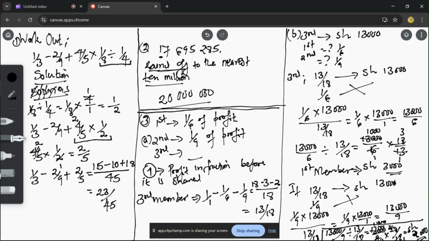So the first member received this amount, and the second member received this amount. So 2,000 and 3,000, right? So that is what we had for that.